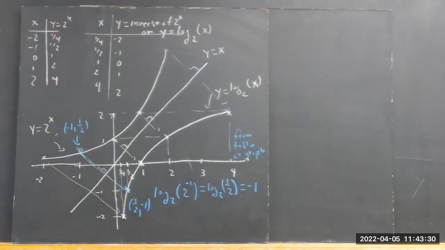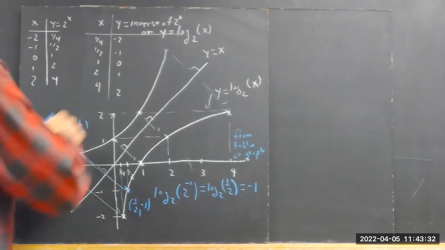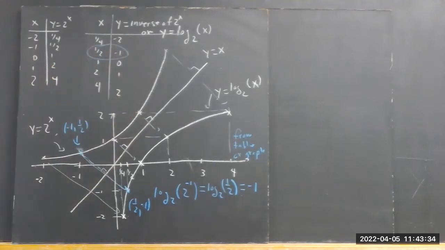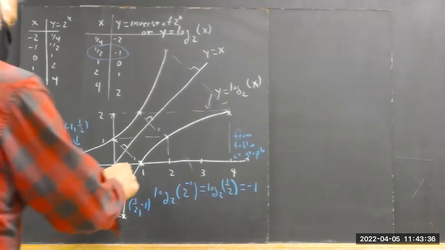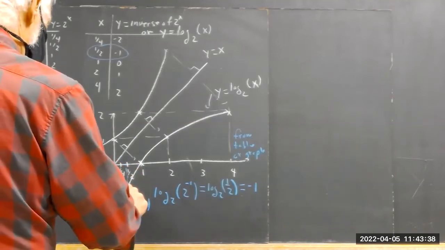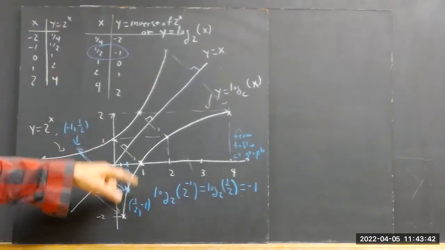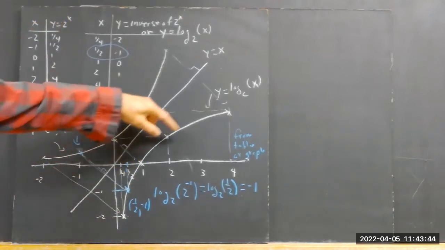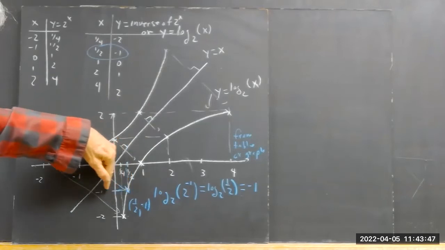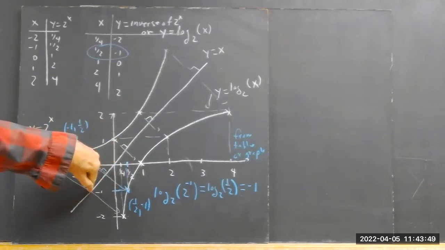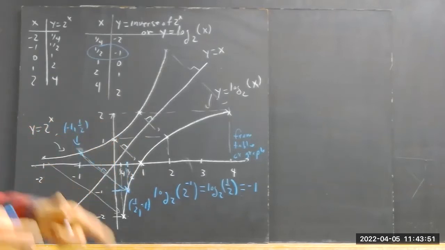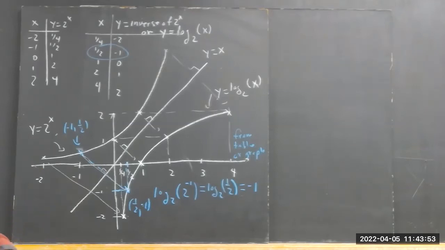So you've got all these connections. You project from 1/2 onto the log graph and project over to the y-axis, again negative 1. You want to understand that in every possible way.